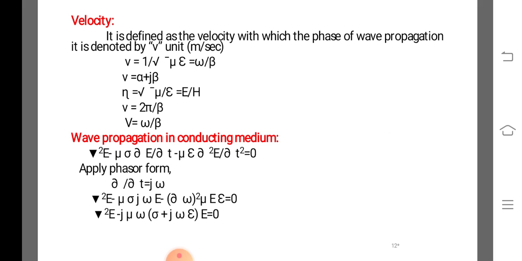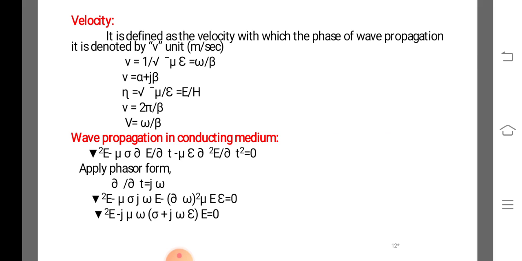Next we go with wave propagation in a conducting medium. So in this wave propagation, del squared E equal to the combination of electric field and electric field intensity. So del squared E minus mu sigma dou E by dou t minus mu epsilon dou squared E by dou t squared equal to 0.